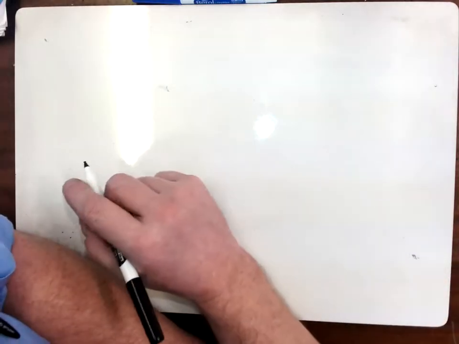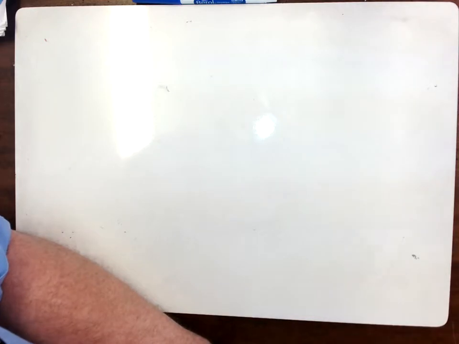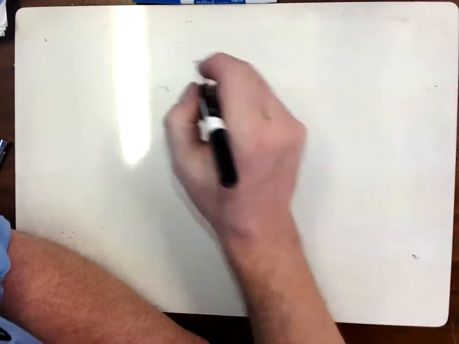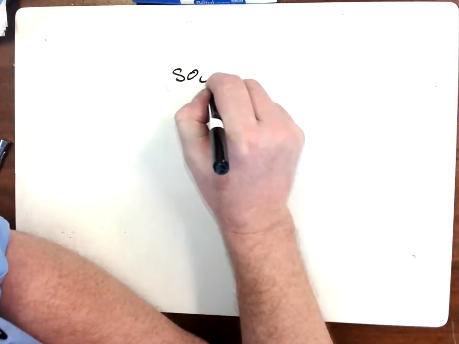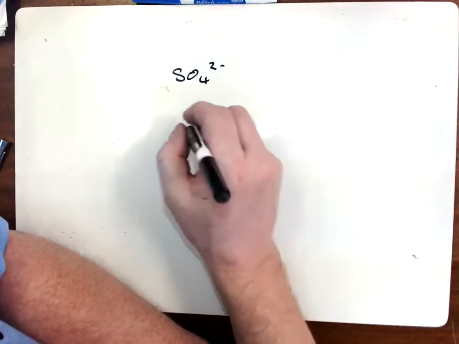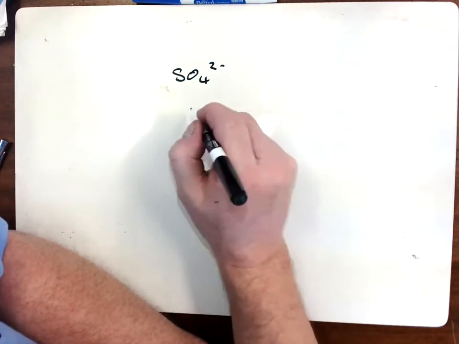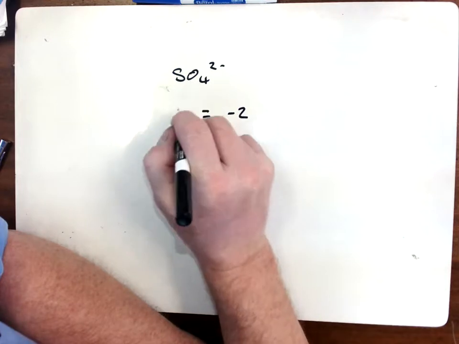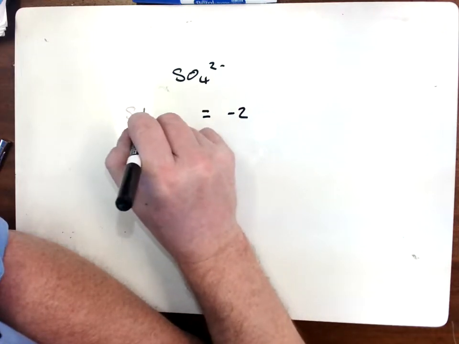Okay, right. The next one is that the sum of the oxidation states of all the atoms in an ion is equal to the charge on the ion. So let's take a sulfate ion. The charge on the ion is -2, so the sum of all the oxidation states is equal to -2.